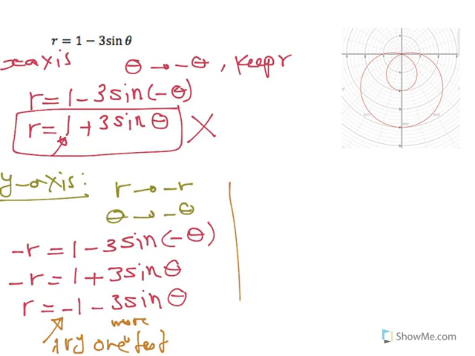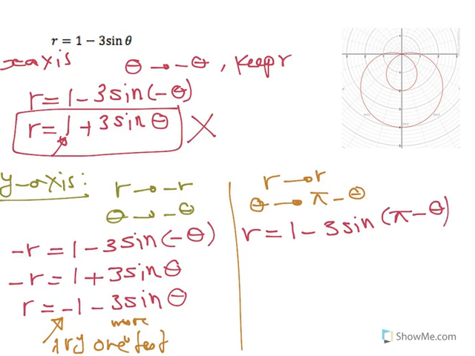So I'm going to try keeping the r as it is, and theta becomes pi minus theta. So r equals 1 minus 3 sine of pi minus theta.